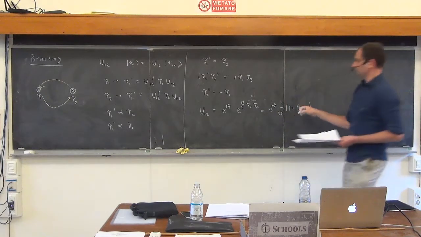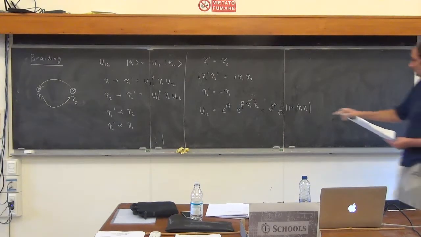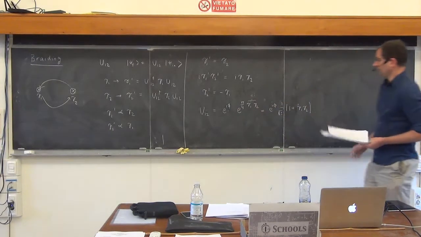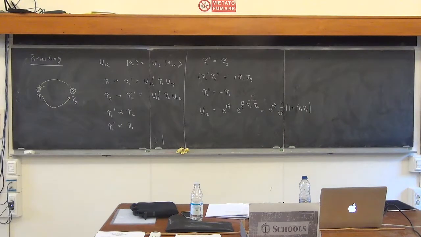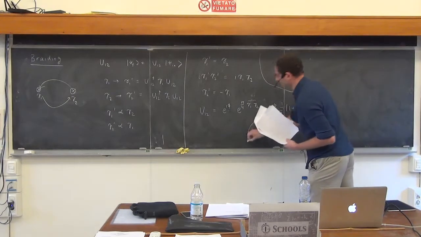And then you just use the rules of Majorana fermions and you get exactly that. Now this phase is an overall phase of the unitary. That's something that I actually can't determine this way. And I'll talk a little bit about that phase later on.